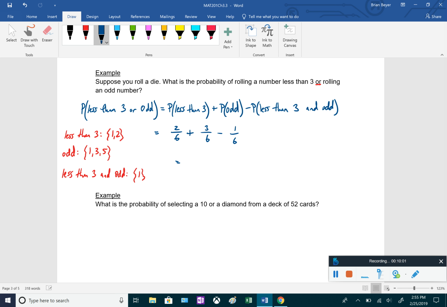So that's 2/6 plus 3/6 minus 1/6. 2 plus 3 is 5, minus 1 is 4. So this gives us 4 out of 6, which is 2 out of 3, which is 0.6 repeating. I'll just put 0.667, or 66.7%. So a 66.7% chance of that happening.